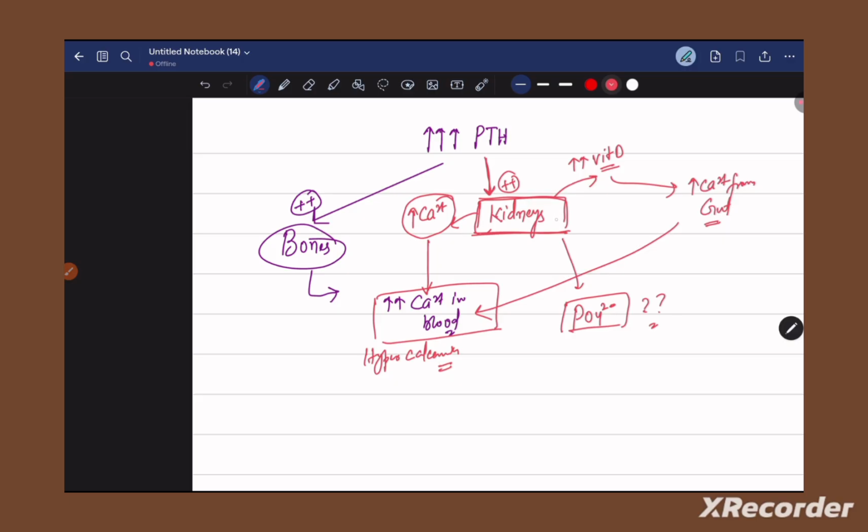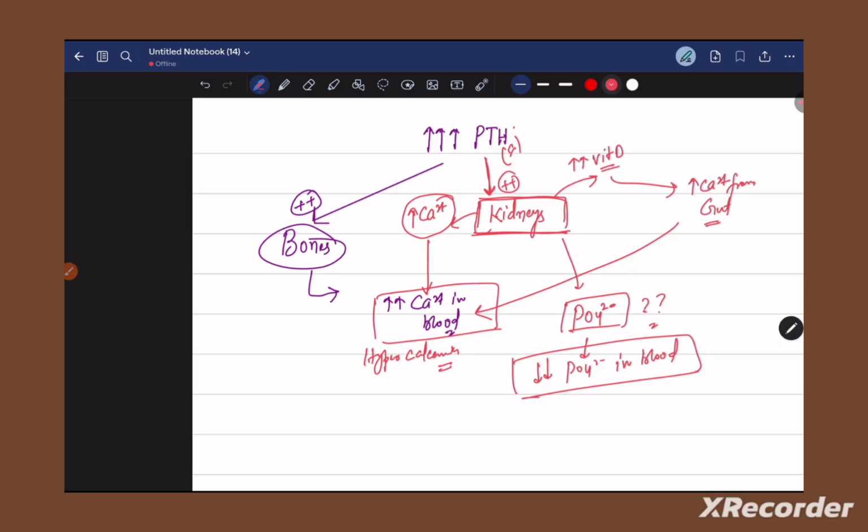These kidneys should be normal, and under the influence of increased PTH, there will be increased dumping of phosphates from blood to the urine. This will decrease the phosphate level in blood. Okay, are you getting me?